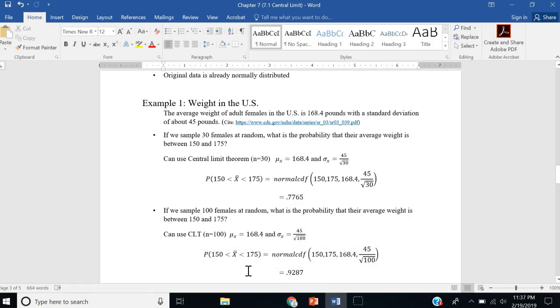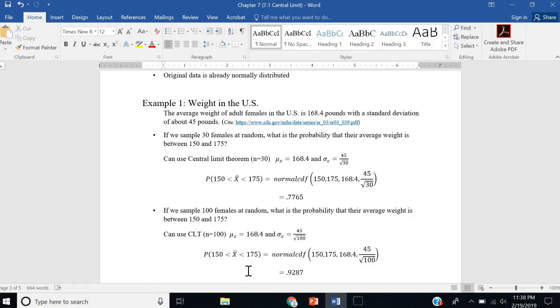So if you sample 30, you have a pretty good chance of getting something that's close to the average. But if you increase your sample size, it's going to be more likely a good representative for the entire population.